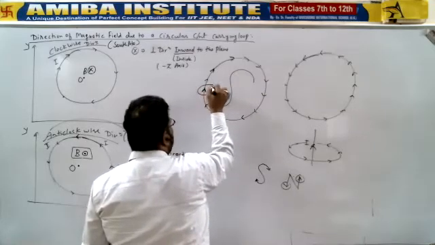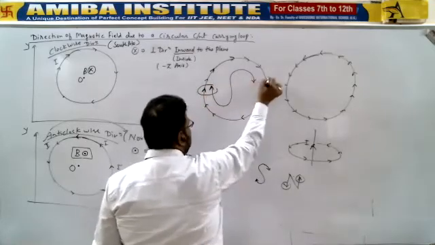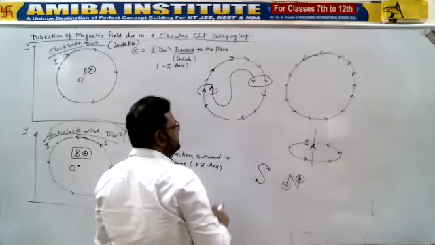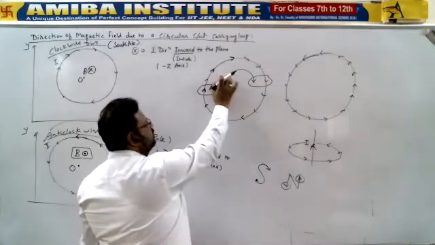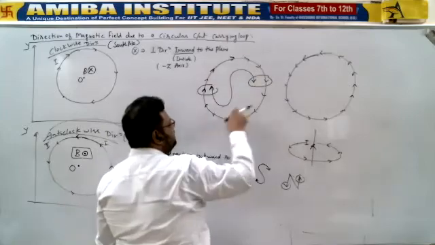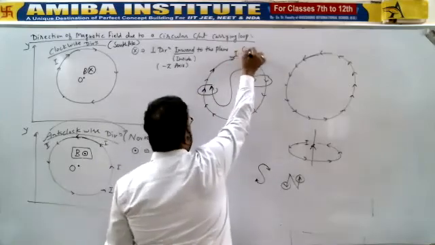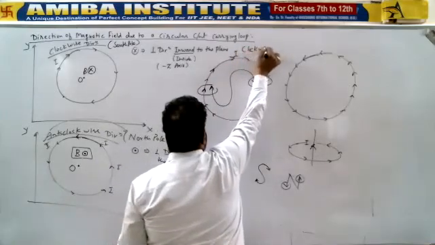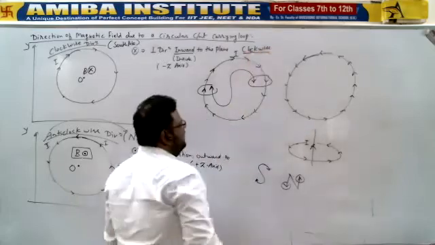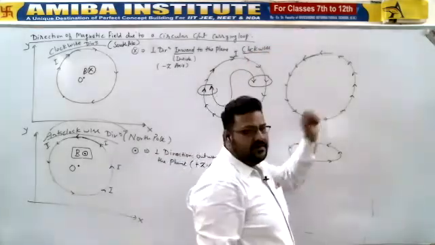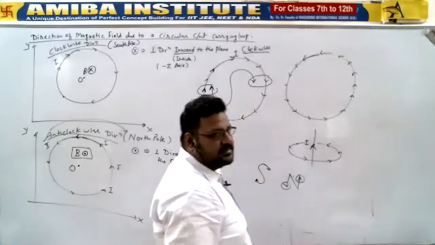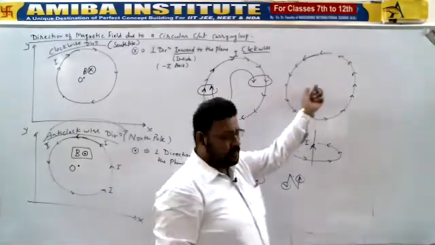This arrow and this arrow are in the same direction. Here this arrow and this arrow are in the same direction. So yes, this is for south pole. And south pole is representing which direction of current? Clockwise.